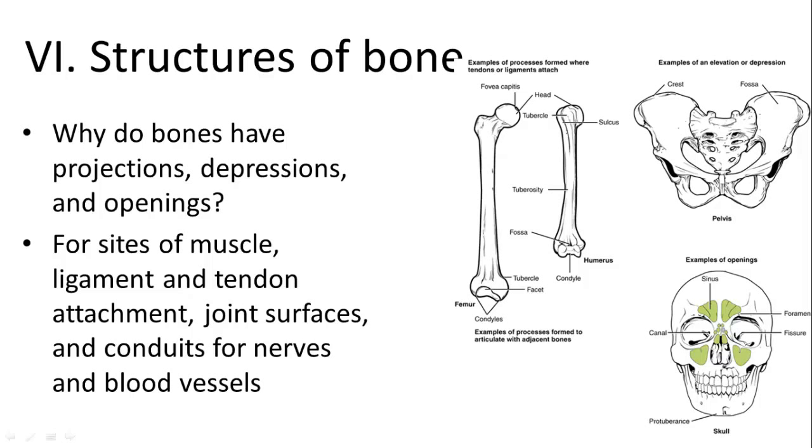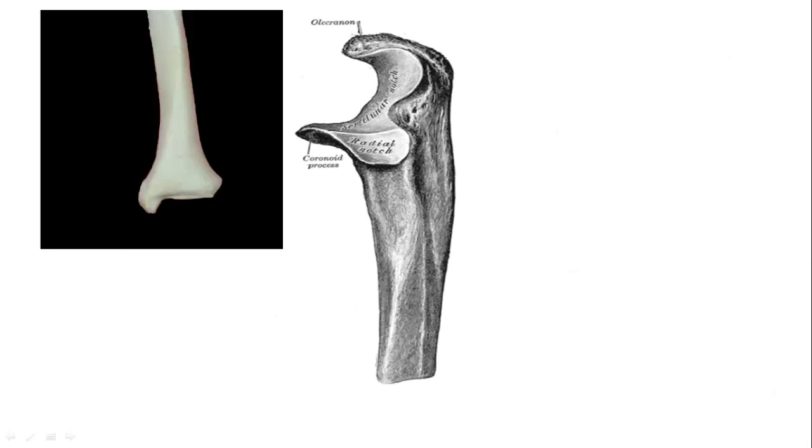You have attachment of blood vessels or nerves, which have to go in and out of different areas. And so all these different facets and tubercles and these things with funny names are important for the function of the bone. And here are a few examples found in the femur.